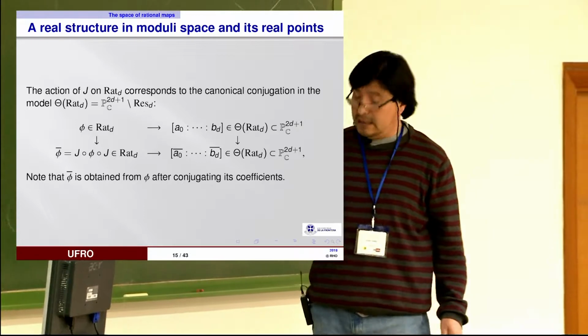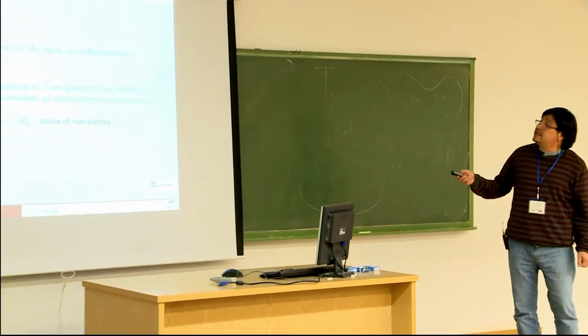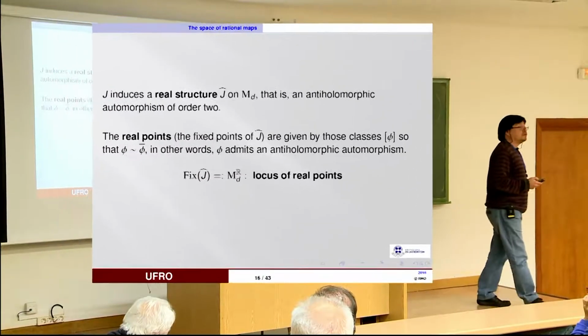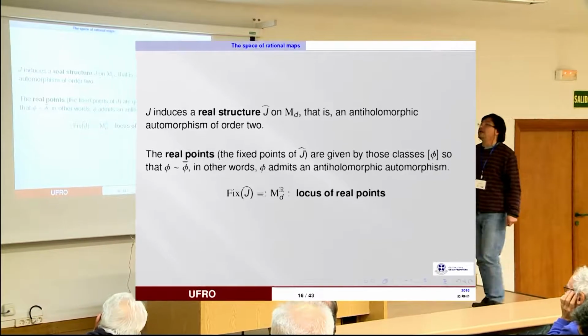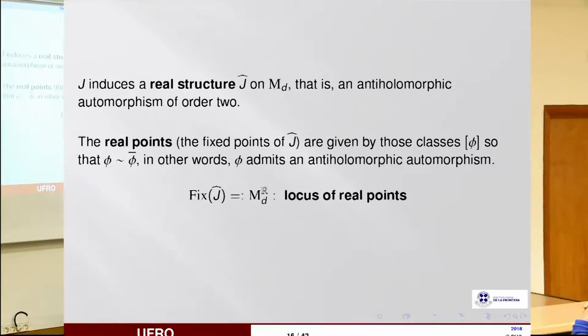Such an anti-conformal involution descends to the moduli space as an anti-holomorphic automorphism. The fixed point set, which I call M_d^R, is the locus of real points of such a real structure. So it is something in here, for the Riemann surfaces also, and for the moduli space.